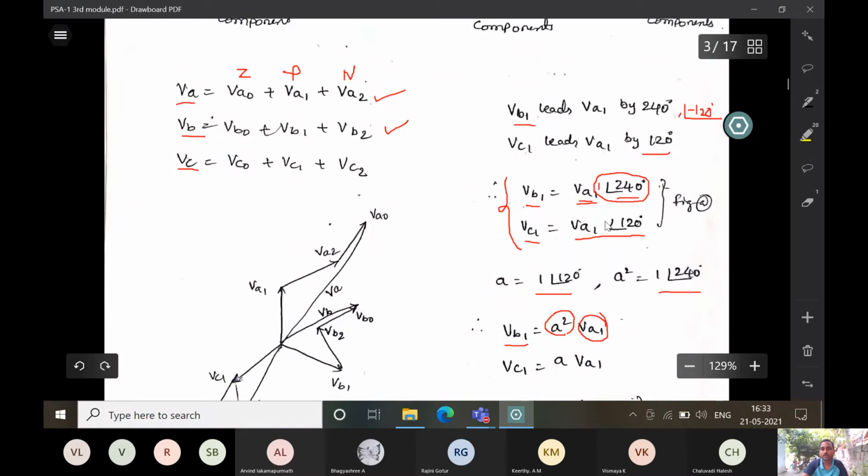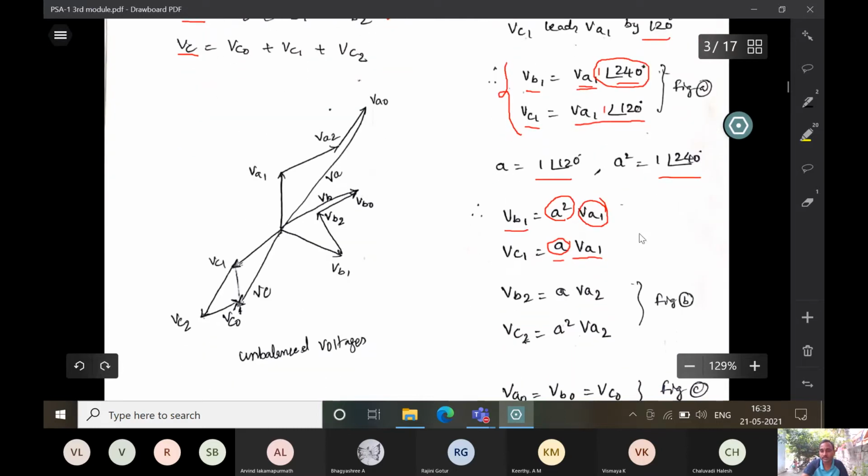Because 1 at an angle 120 is called A, VC1 is equal to VA1 into 1 at 120, which can be written as A multiplied by VA1. Is it clear? So we are writing the components in terms of the A operator.